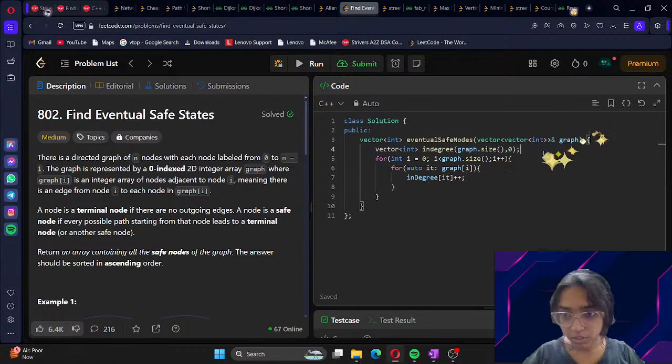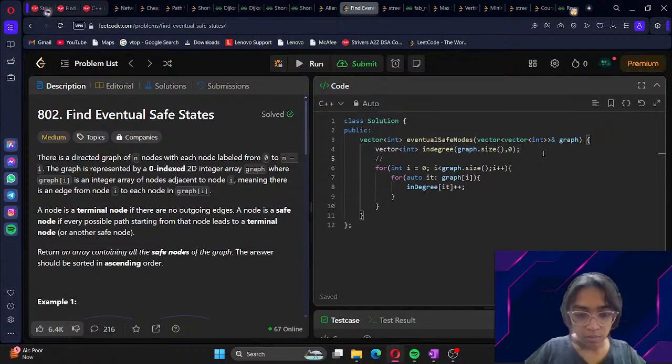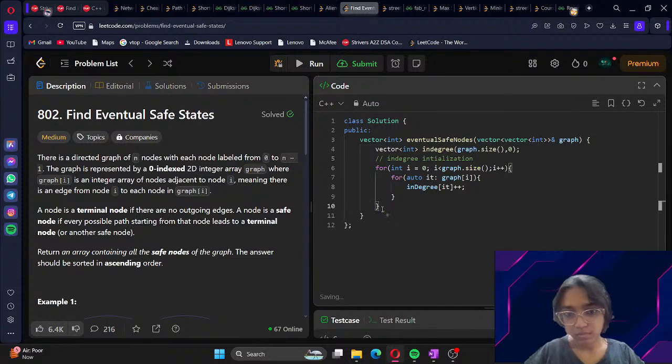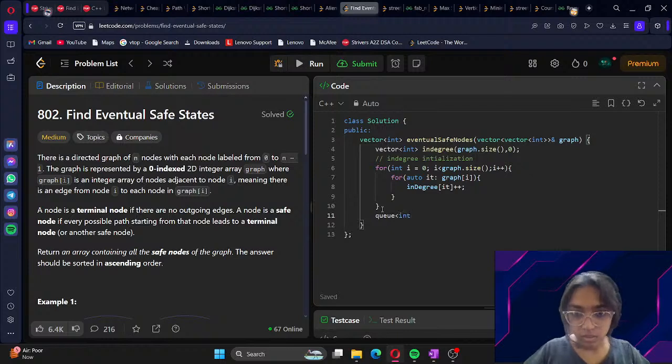This block pretty much gives us in degree initialization. So now what are we gonna do? Let us initialize a queue.